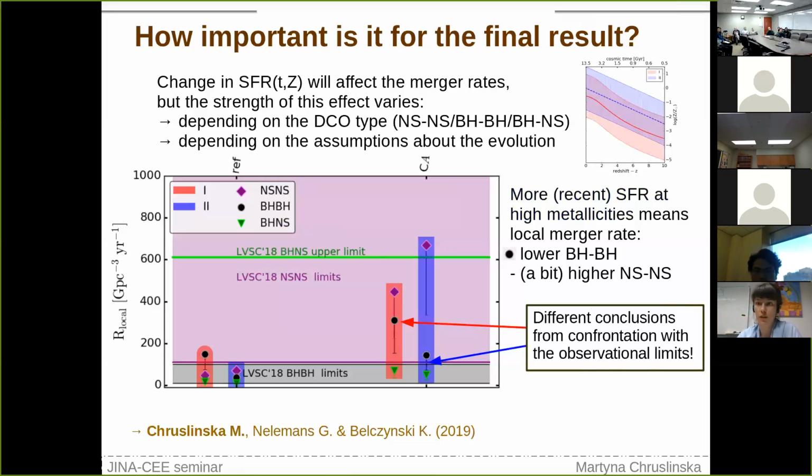So maybe black holes should form with larger natal kicks, or maybe the common envelope evolution is different for more massive stars. But in the blue case, we can match these observational limits for all types of double compact objects for the same set of assumptions, which is a bit worrying and only highlights the need to be more careful when we choose the distribution of the cosmic star formation at different metallicities, and we need to understand the associated uncertainties.